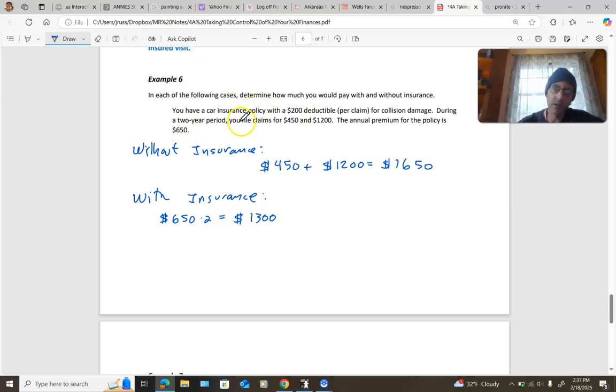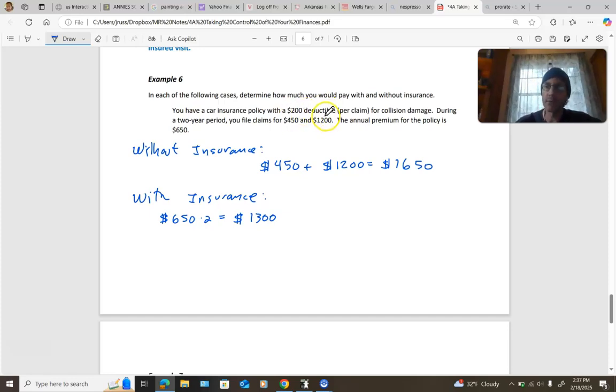Plus, when you file these claims, for each of these claims, you're going to have to pay $200. That's the deductible. So for this claim right here, $450, you pay the first $200, and then the insurance company pays the next $250, whatever's left over.